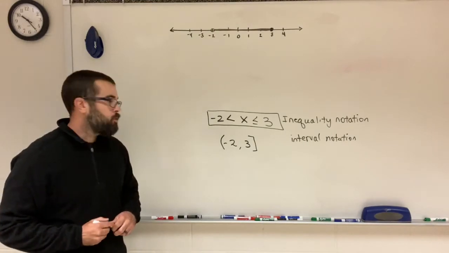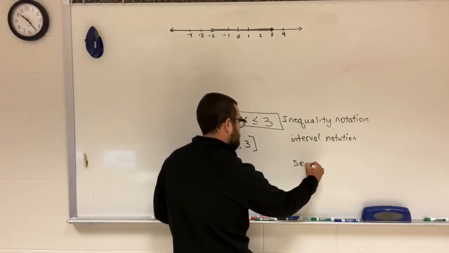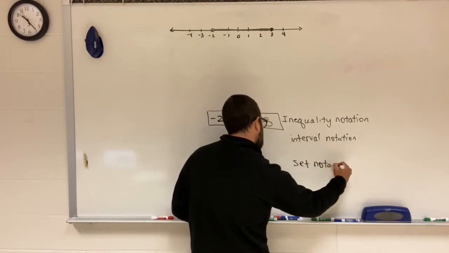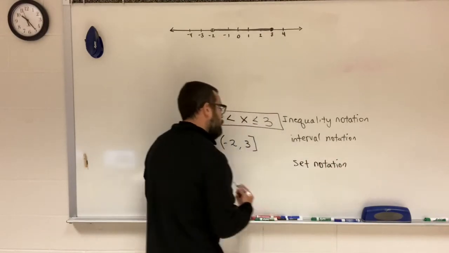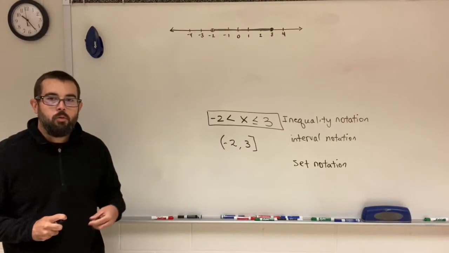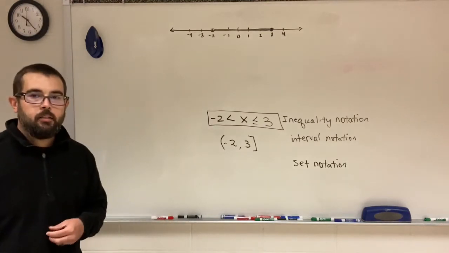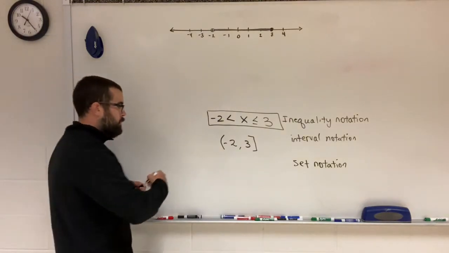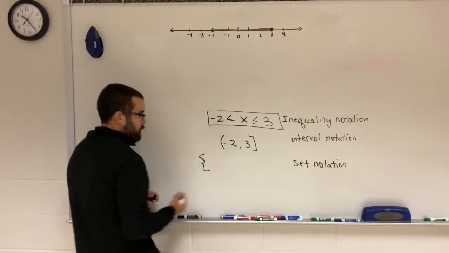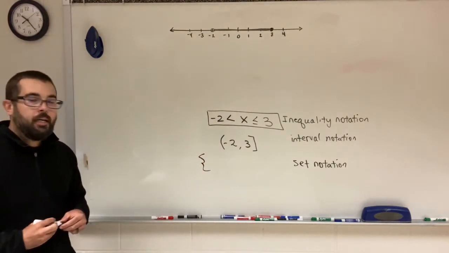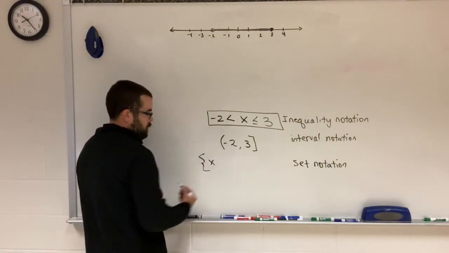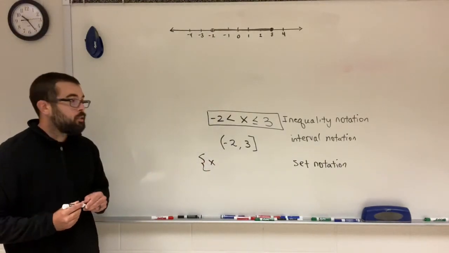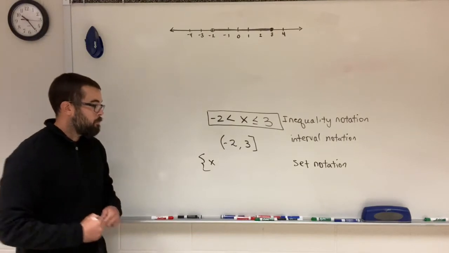Finally, the last notation is called set notation. Set notation, whenever you want to write a set in mathematics, you use the curly brackets. Okay? So set notation starts like this. You start with a curly bracket. You write whatever variable you're using. In this case, I used x.